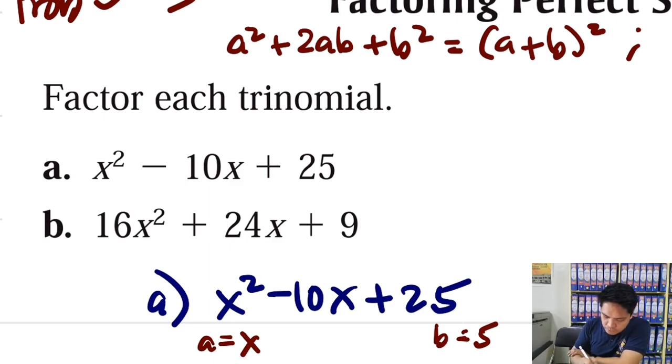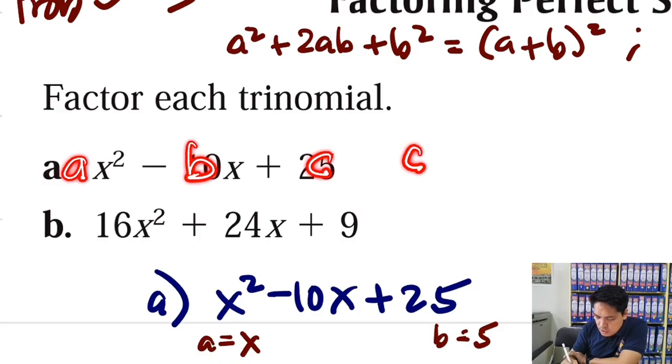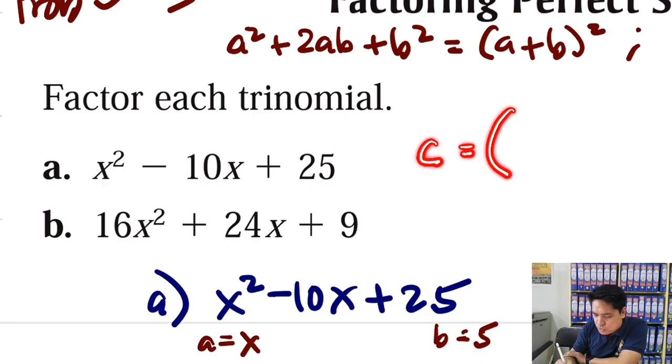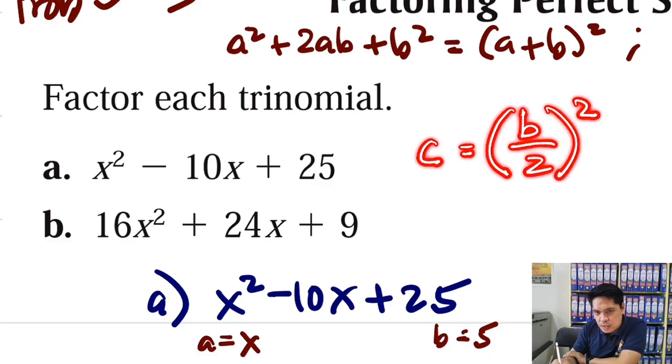So c should be equal to the square of half of b. So if c is equal to the square of half of b, then that is a perfect square trinomial.